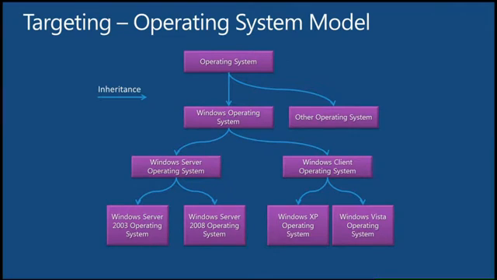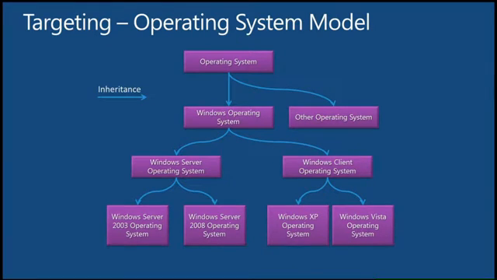The thing to know about targeting rules and monitors is when you target a parent, it also targets all the children and subchildren underneath. So if I target a monitor at Windows operating system, it targets Windows Server, Windows Client, and each of the children underneath there. If I target just Windows Server, it targets Windows Server and all the children underneath.